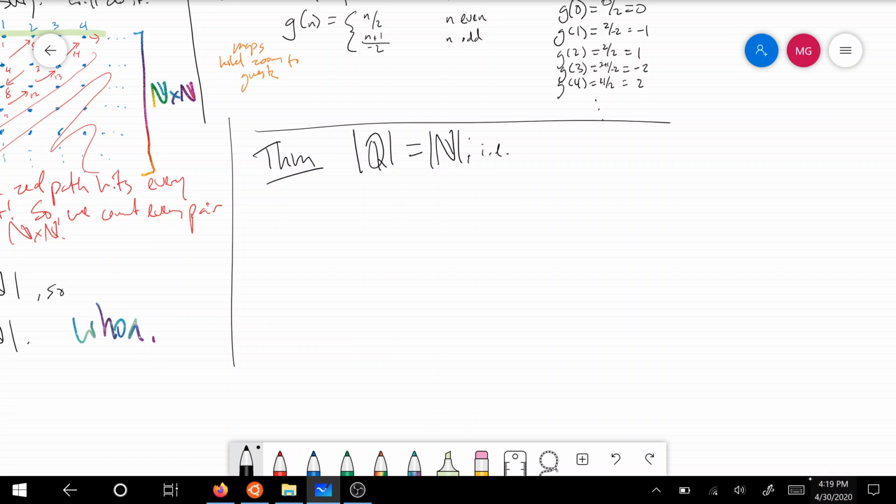That is, the rationals are infinitely countable. Proof idea.